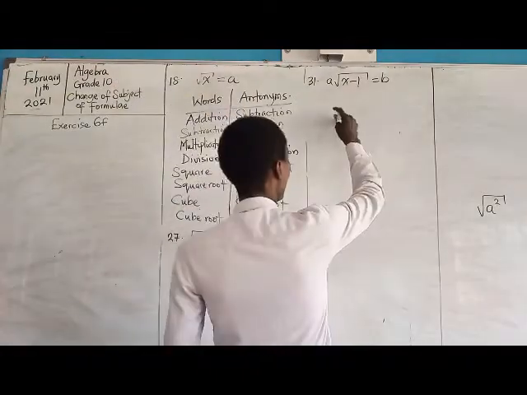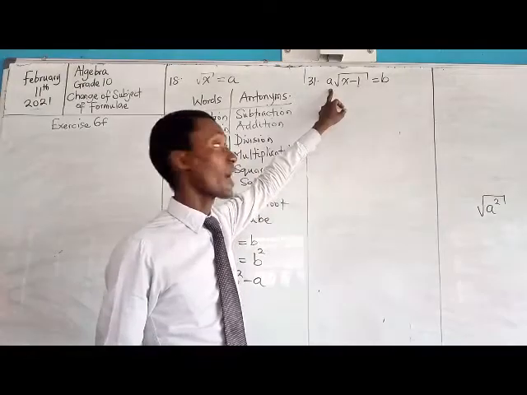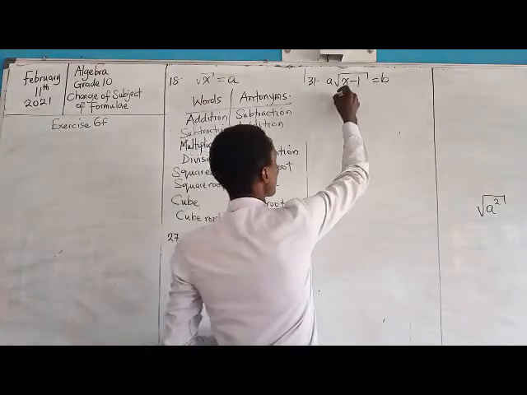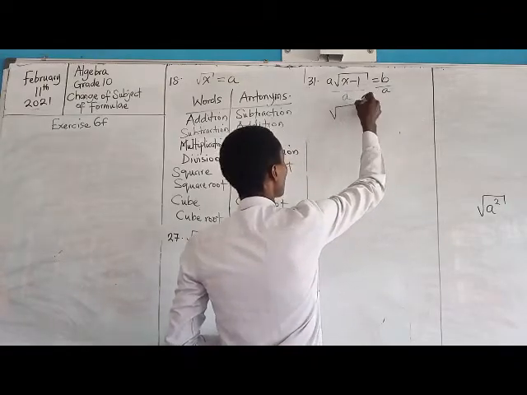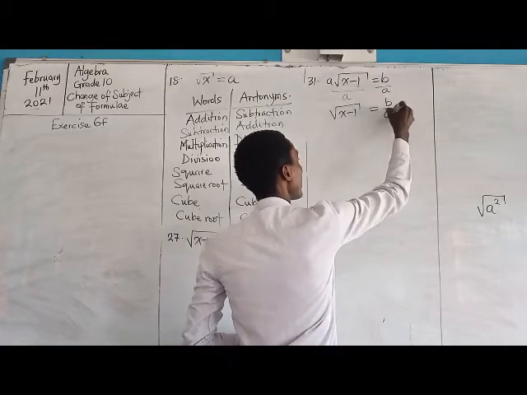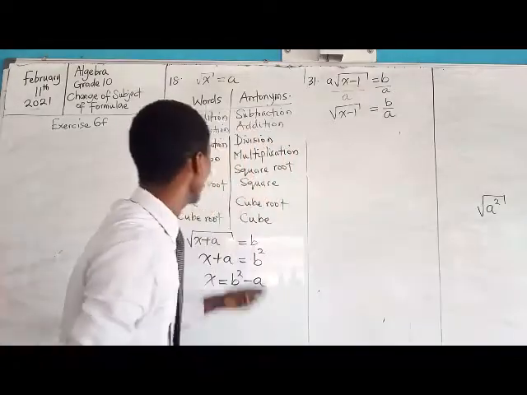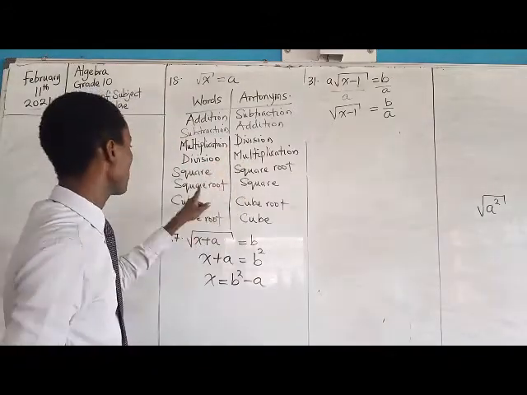Alright, so here we need the password. Is that not? And the password is a. So this will be this. Divide both sides by a. And you're going to have that the square root of x minus 1 is equal to b over a. I pay my friends in the English department to give me the antonym of square root.